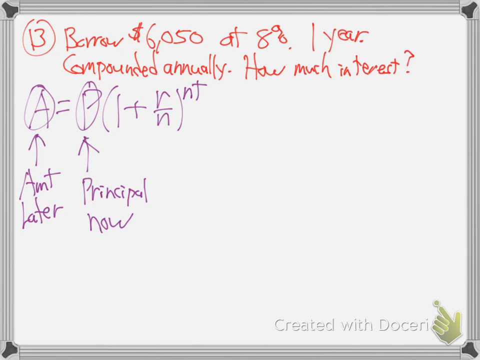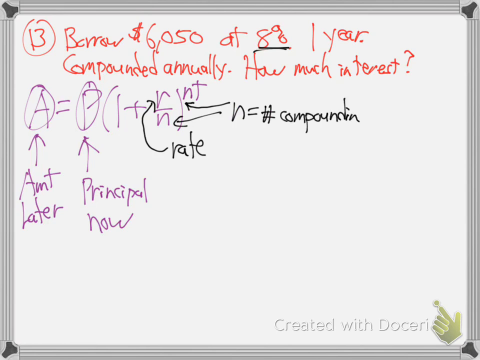R is the rate, the interest rate. That's the 8%. N, there's two spots where we have N. N equals the number of compoundings per year. So, for example, if they say semi-annually, that's twice a year.